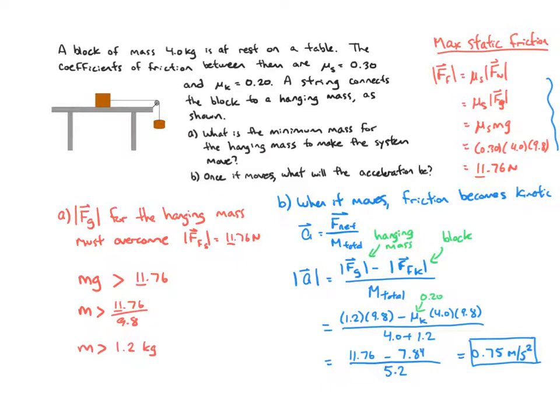So maybe instead of the hanging mass pulling things down, maybe we can have a person have an applied force pulling left on the block. Okay, an applied force pulling left on the block, and that's going to drag the hanging mass upwards. So that's another type of question. And even one more layer of complexity, which I'll do in grade 12, is if the table is not horizontal.